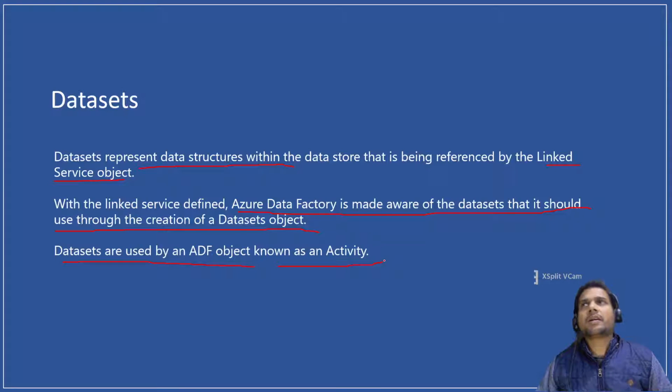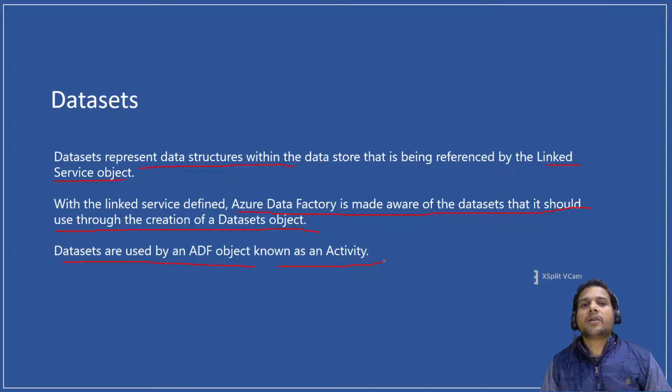Let me reiterate in simple words. First of all, we define a connection manager using a linked service. Suppose, let's take an example: we have a SQL Server database. We will create a linked service that will give us a connection string of that server.